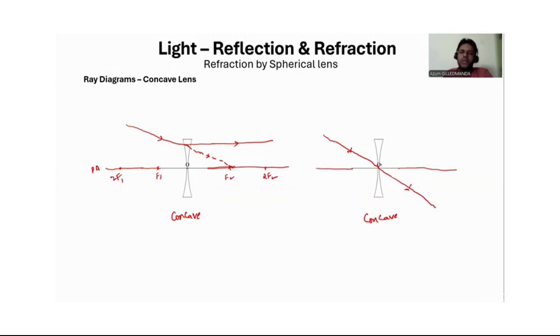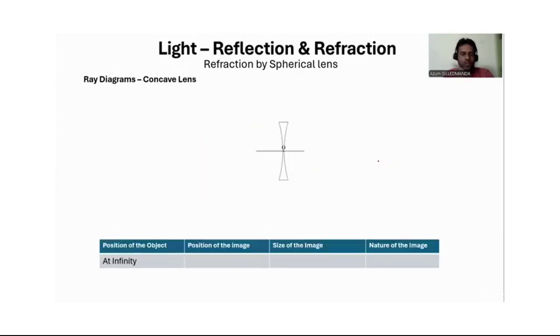Now, let's see how the images are formed and the scenarios we have for concave lenses, similar to what we saw in convex lenses. Let's say this is F1, this is 2F1, this is F2, and this is 2F2. All right. So what is the position of the object here? The position of the object is at, say, infinity. So let's say this is AB.